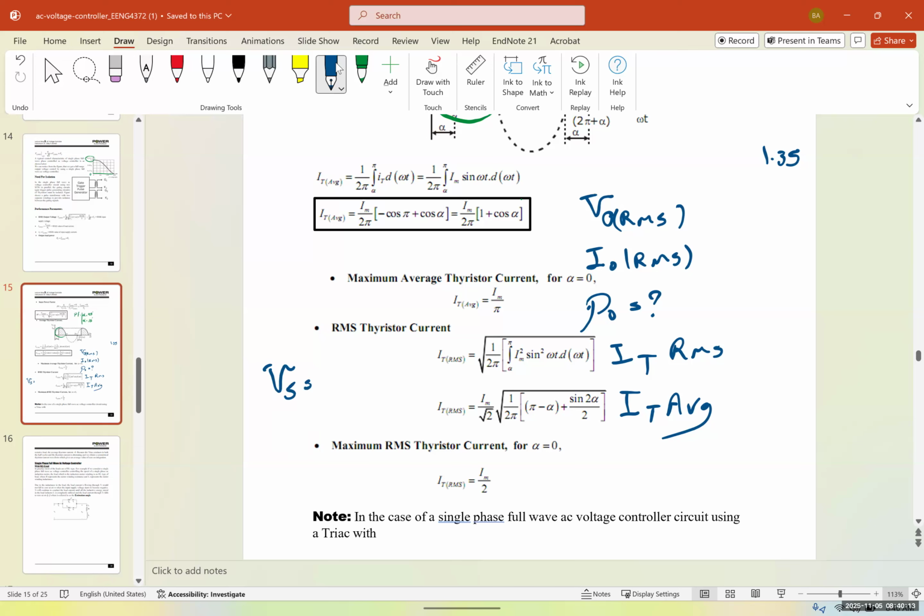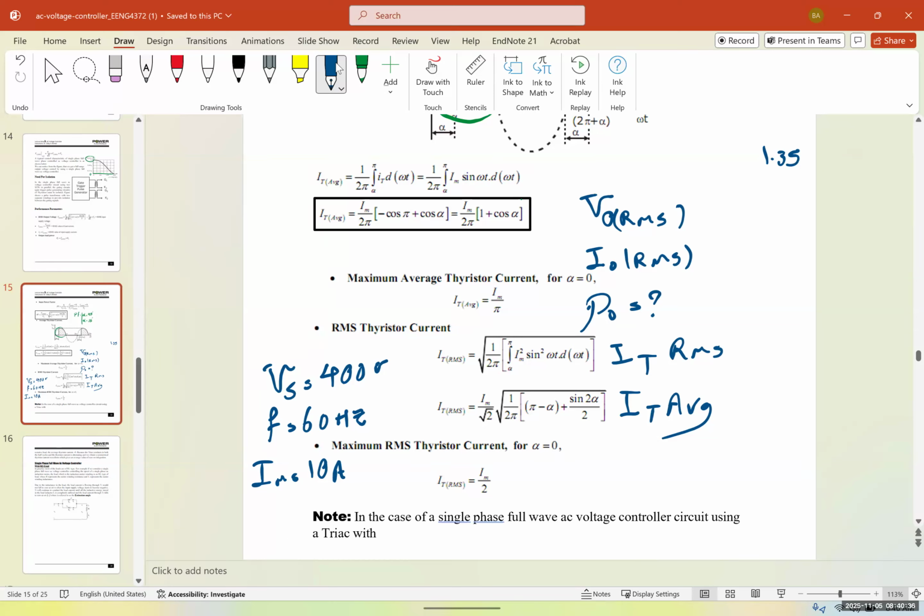VS is 400 volts. Frequency is 60 hertz. IM is equal to 10 amps.